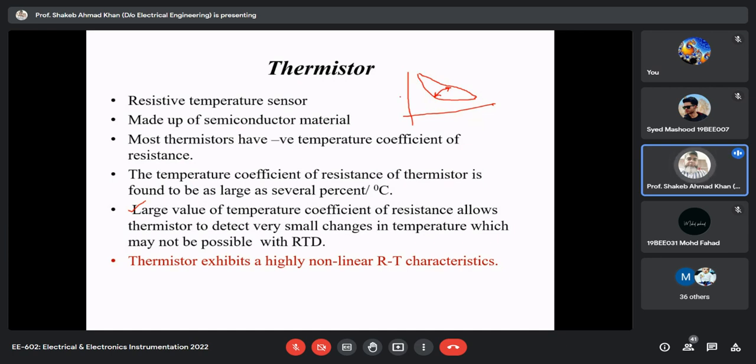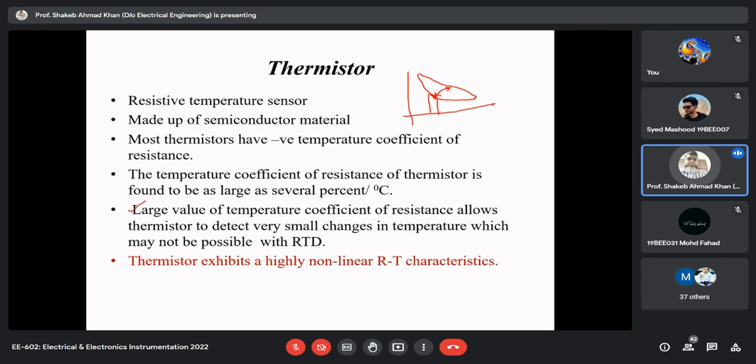When it is used for a small range to detect a small change in temperature, the nonlinearity is not that pronounced. We can very easily approximate it by a straight line and we'll have a small deviation. So this is how nonlinearity of the thermistor is handled.